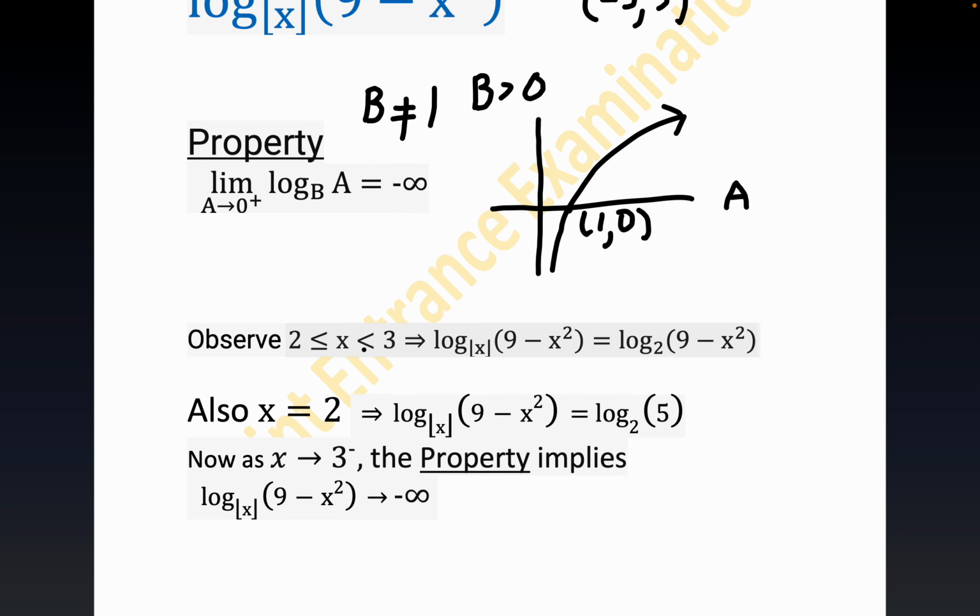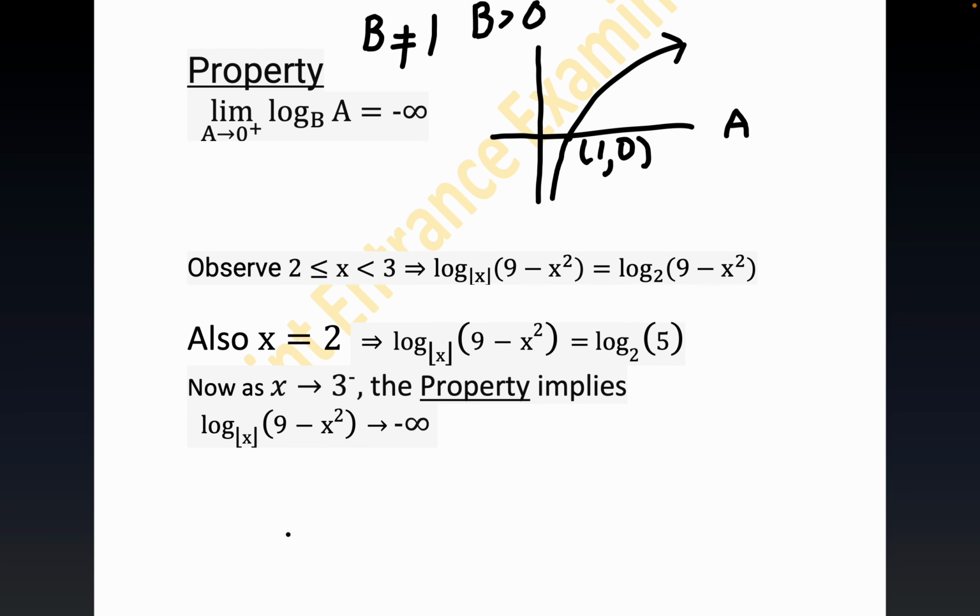And so here's what we know right now. We can answer the question. We know that minus infinity is going to be less than the function. Let me write this out. Log, where floor of x is the base. I'm just recopying what these two statements have shown. Log base the floor of x of the quantity 9 minus x squared.